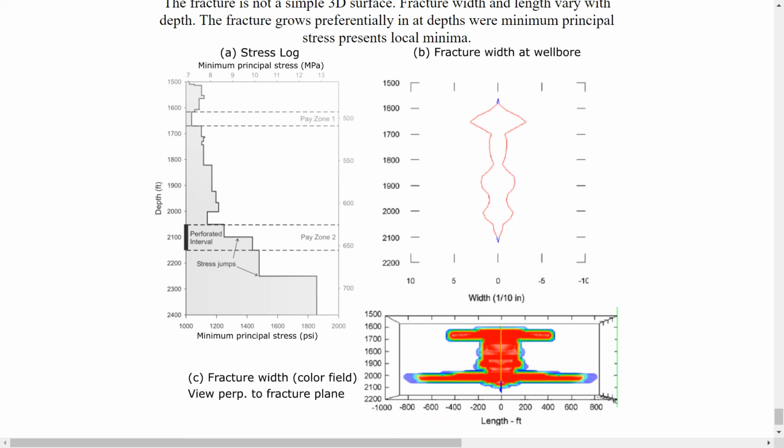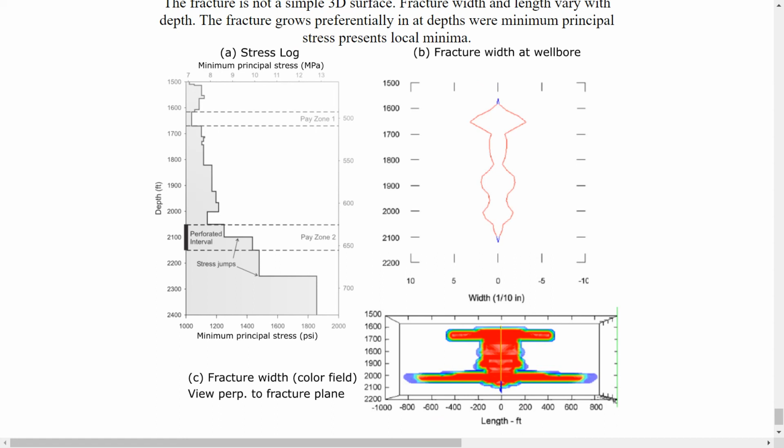And I hope that you can see that the hydraulic fracture is going to open the most where you have the regions where the stress is the lowest. So in all these local minima of stress, your fracture is going to be the widest.